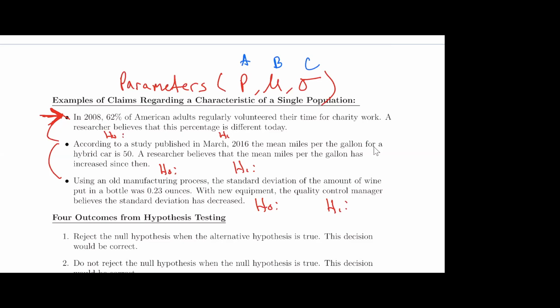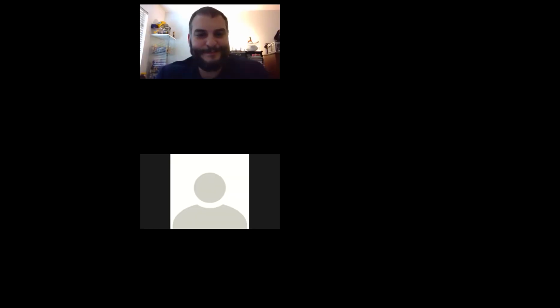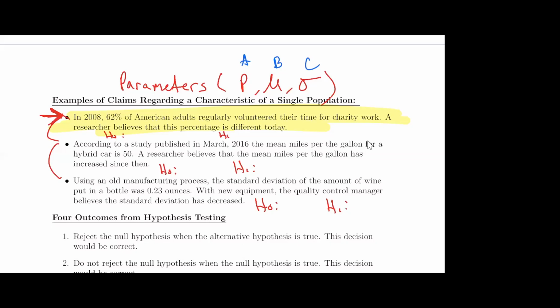Why is this lagging? All right. So if you're looking at the problem, nowhere in the problem did it ask us about standard deviation.